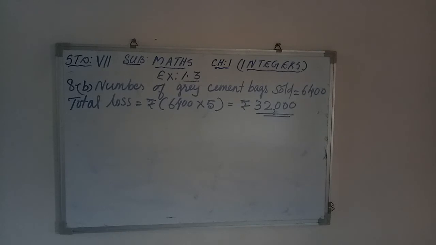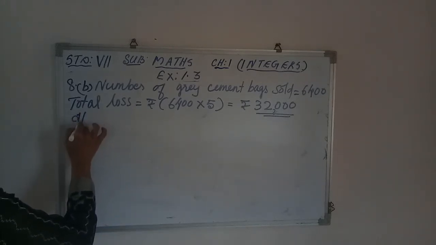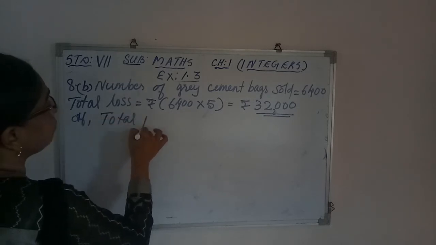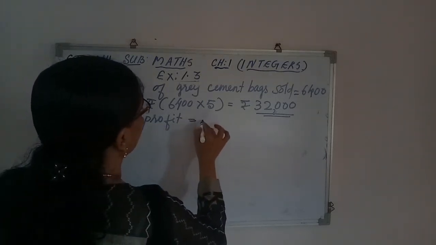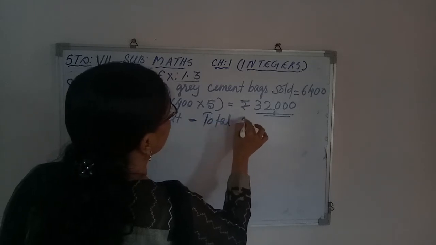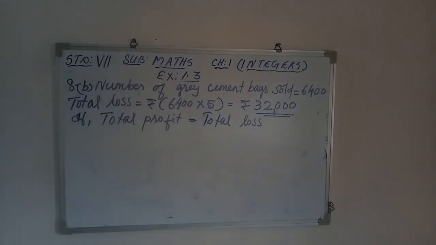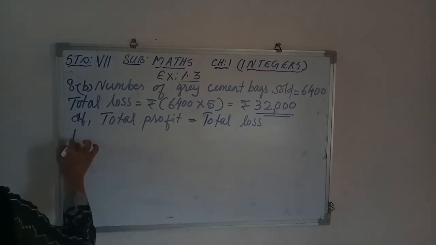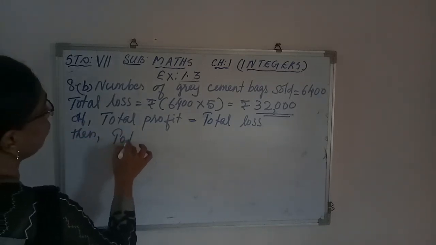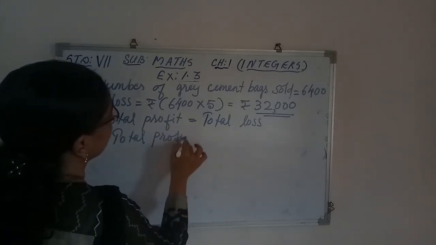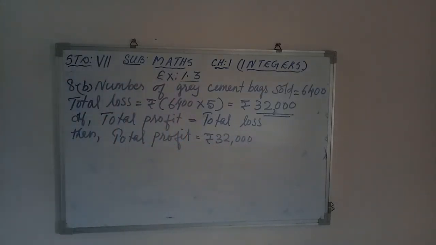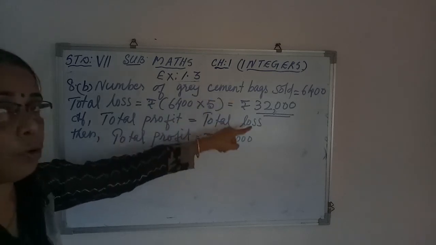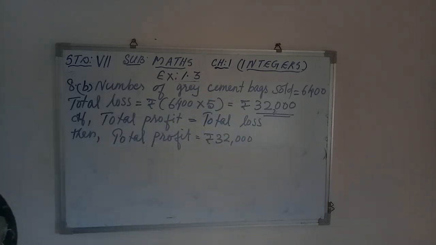And if total profit is equal to total loss, as the question says neither profit nor loss, then total profit will be equal to rupees 32,000. Is that clear?